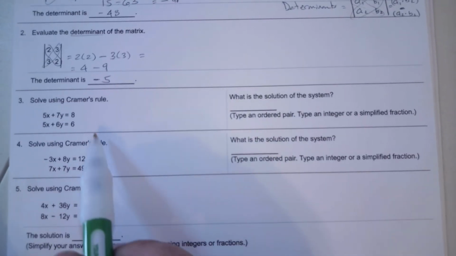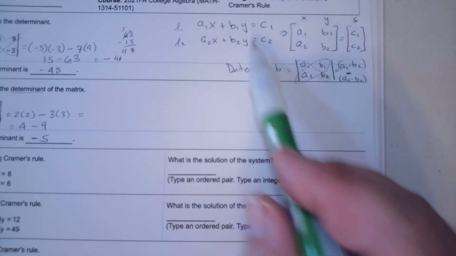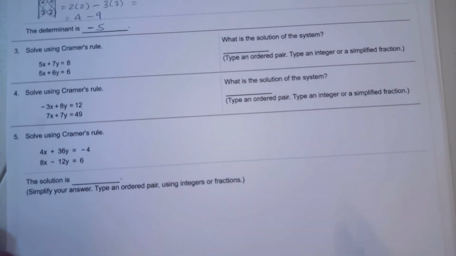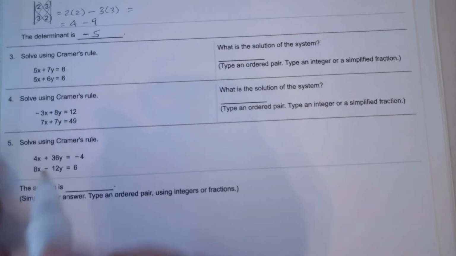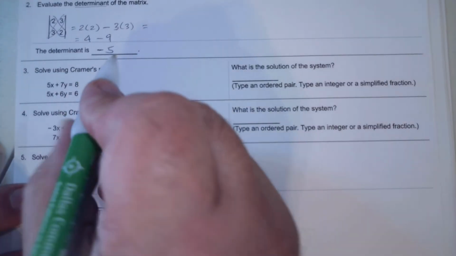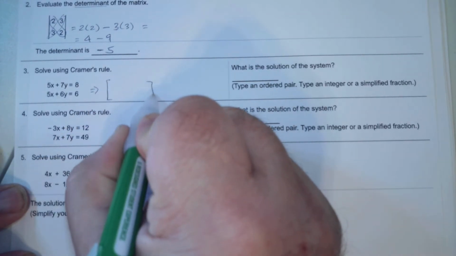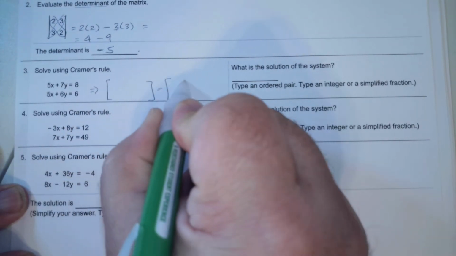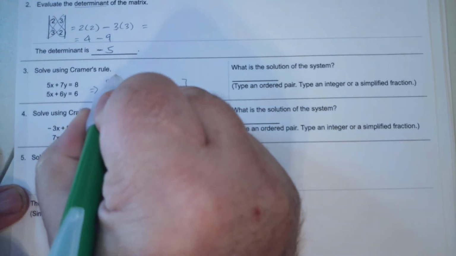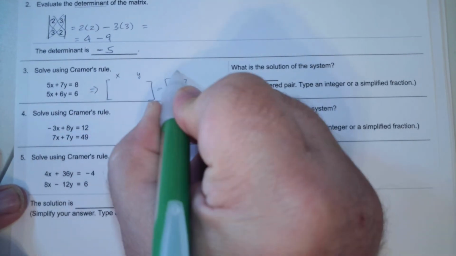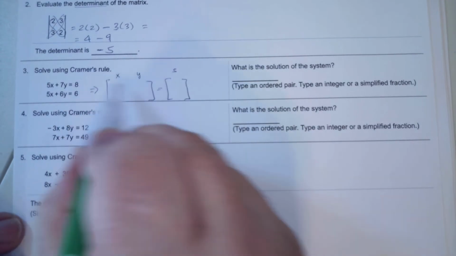We need the determinants to use Cramer's rule. And remember how we set everything up. So let's look at the first one. On this sheet, we'll convert it to a matrix. This is the x column, the y column, and the solutions. Only the coefficients.